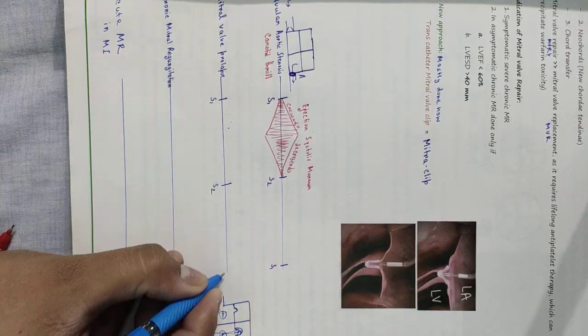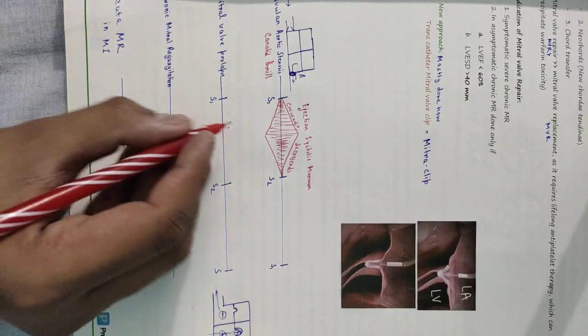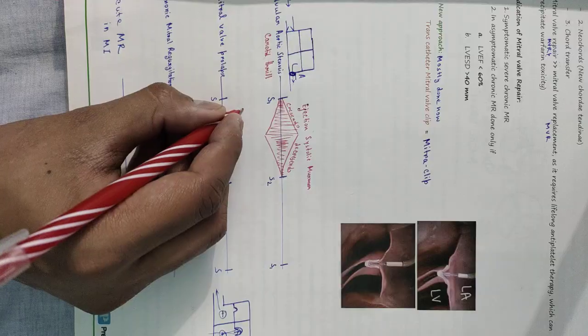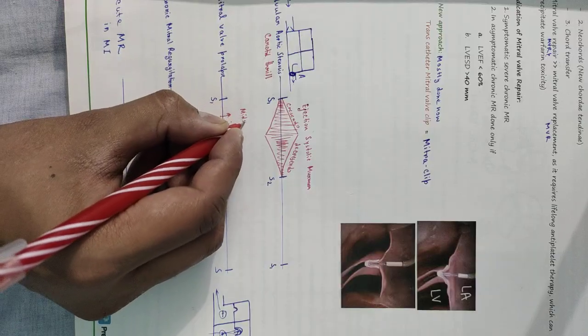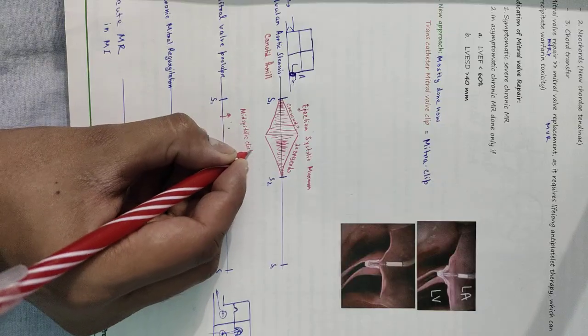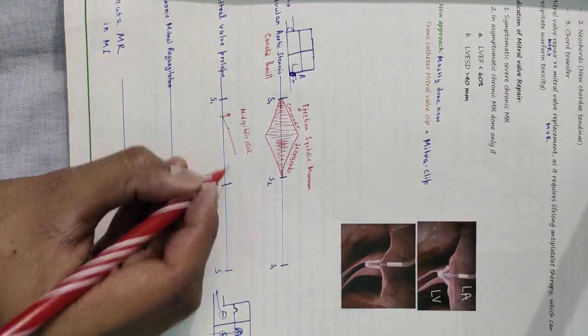This is S2, this is S1. So this part is systole, this is diastole. In the middle I have a mid systolic click, because of the chordae tendineae, and then I have a murmur like this.